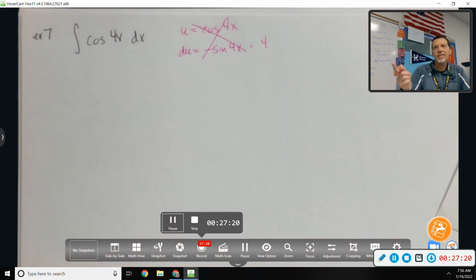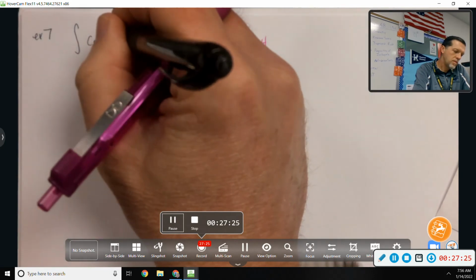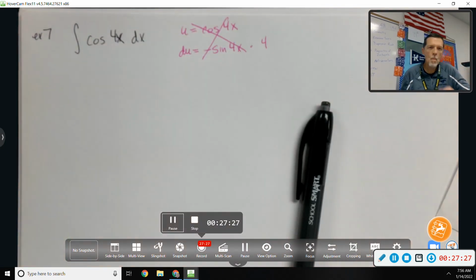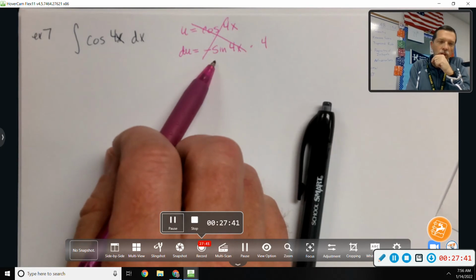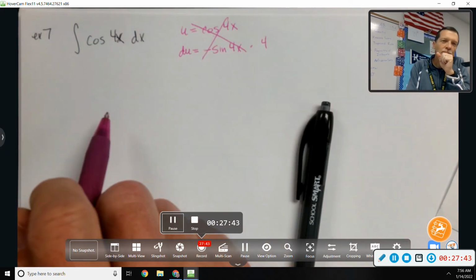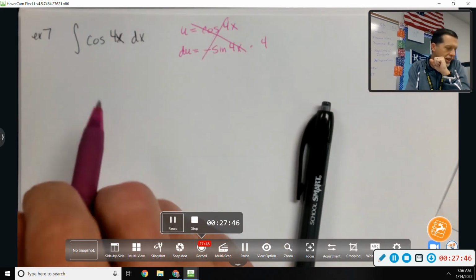If you have to do chain rule for du, would that mean you did the substitution wrong? Not necessarily. That's a good question. Did we not do the chain rule in any of the others?